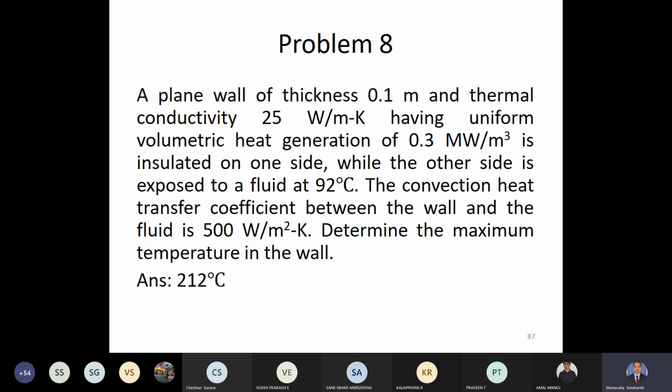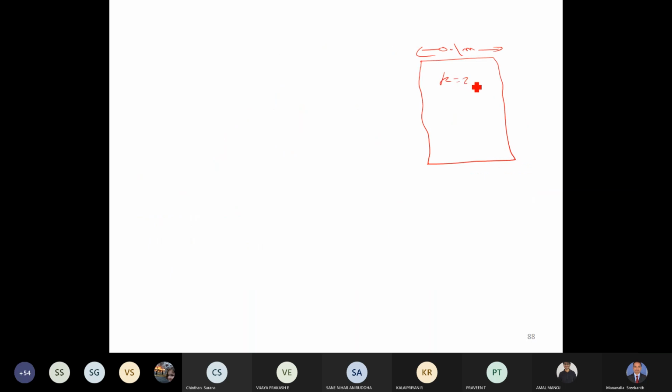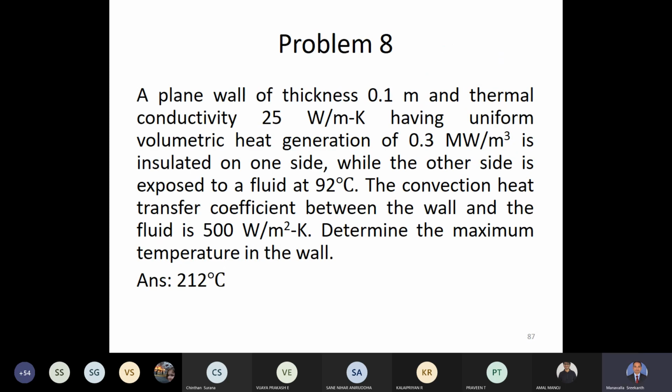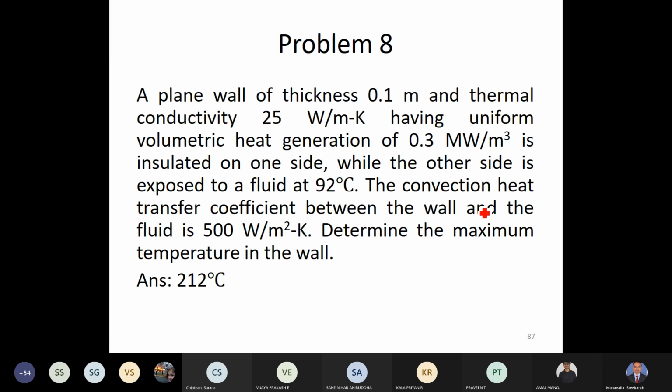Plane wall of thickness 0.1, having uniform volumetric heat generation in megawatt per meter cube, insulated on one side, the other side is exposed.